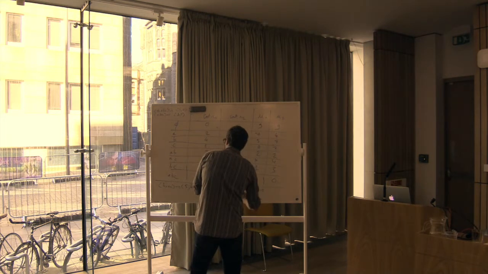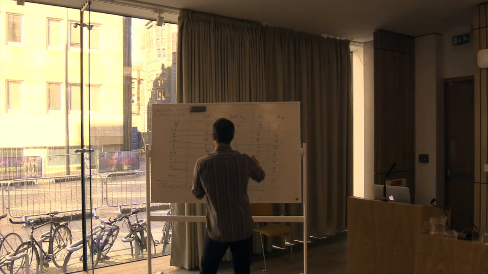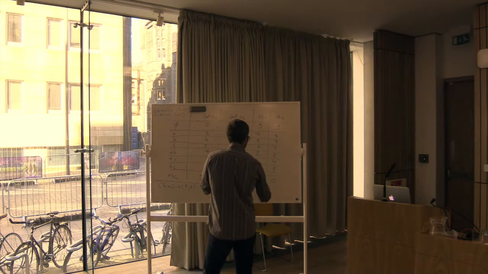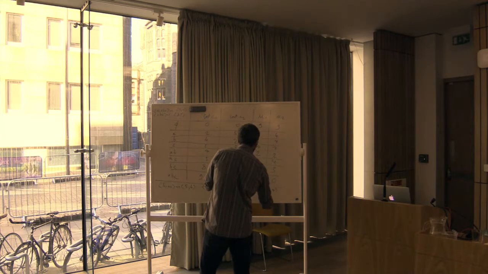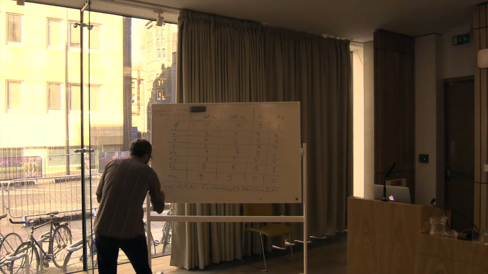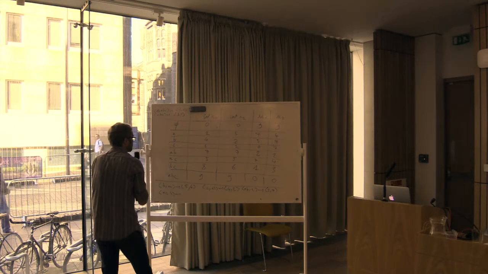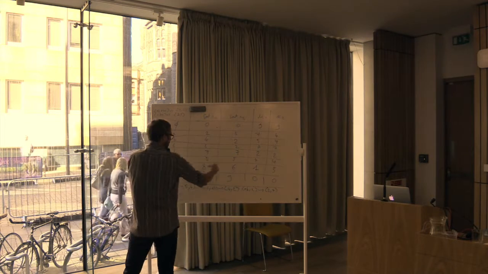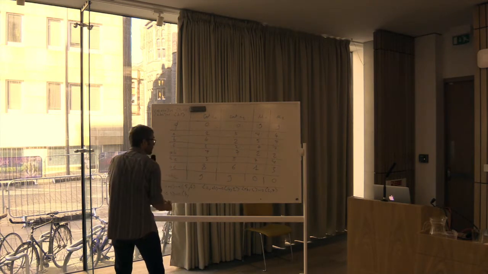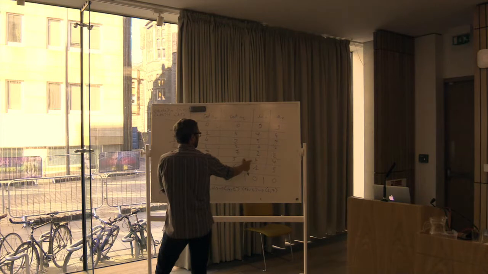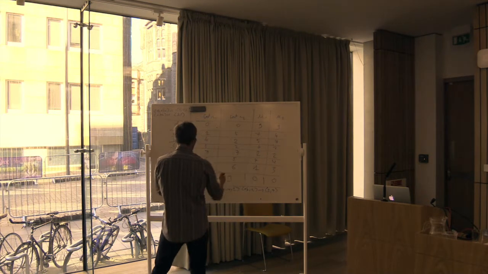ABC, 2, 2, 7. ACB, which is 4, and B, that's 7.